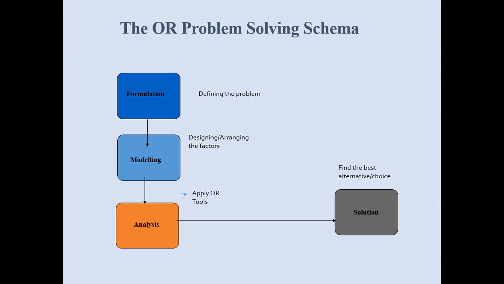But now, when it comes to the OR side, they will have to formulate the problem in a new way to understand it. And formulation means what? To define the problem, identifying the variables and the constraints. Suppose I give you a full statement: when you start from your home to college, it takes 1 hour and the distance is 100 kilometers.